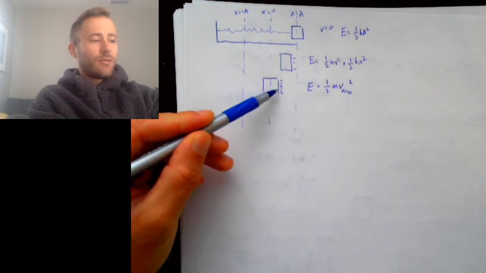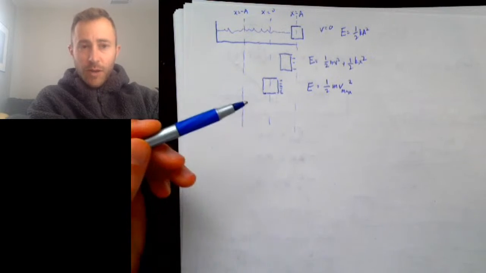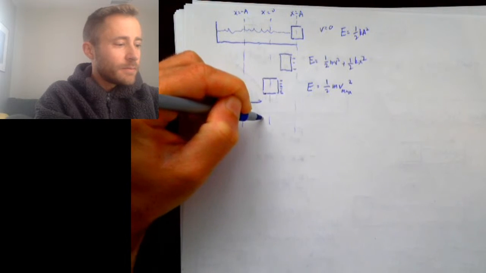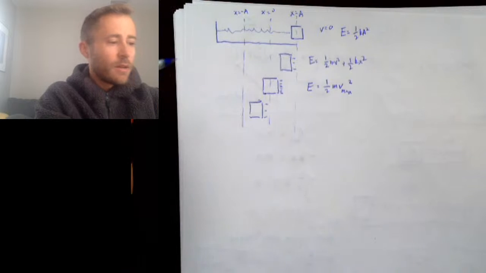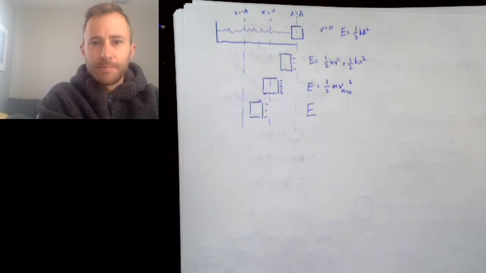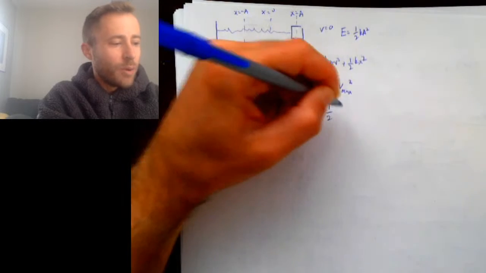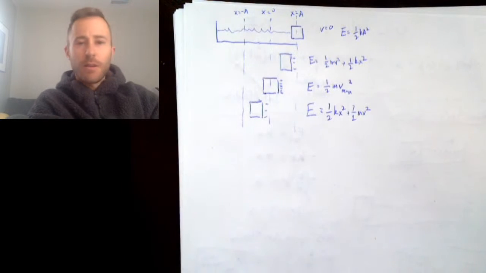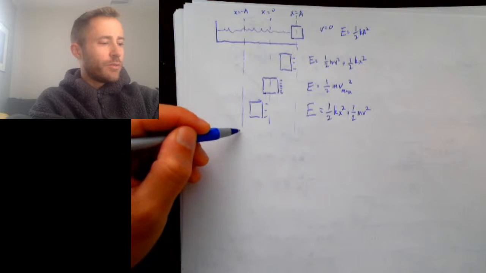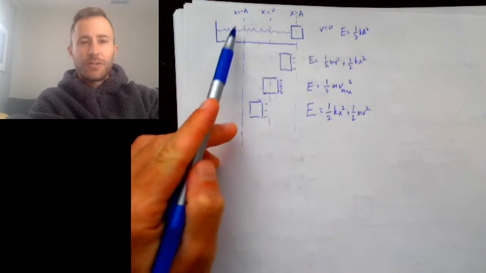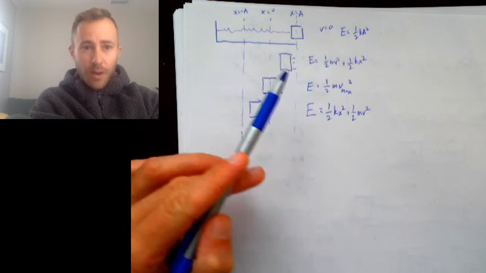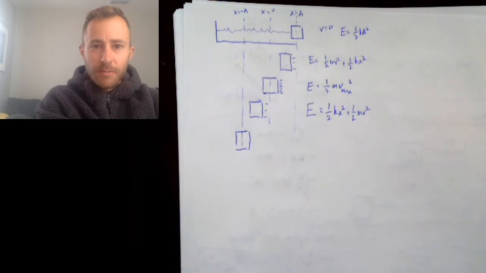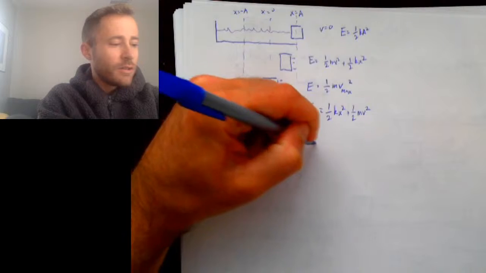Now, once it passes through equilibrium, the spring is starting to be compressed, so it's going to start to slow down. So here the energy is comprised of both potential energy and kinetic energy. And then it's going to reach x equals -a, the extreme point on the other side. Once it reaches that extreme point, it has no velocity, and so the energy is all elastic potential.